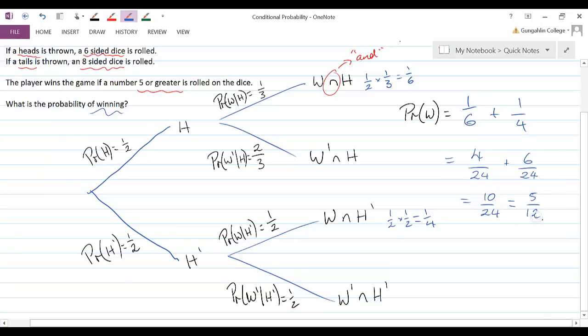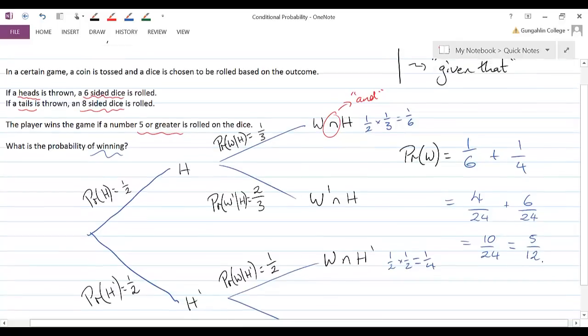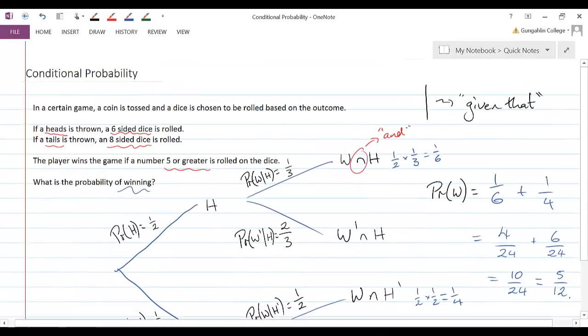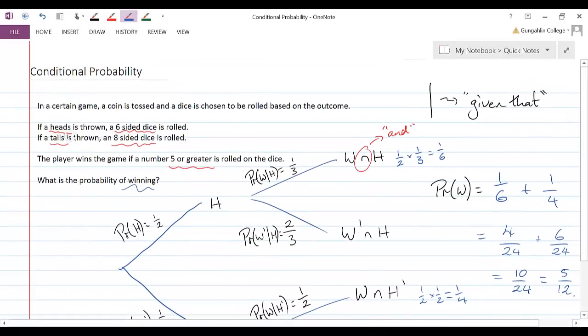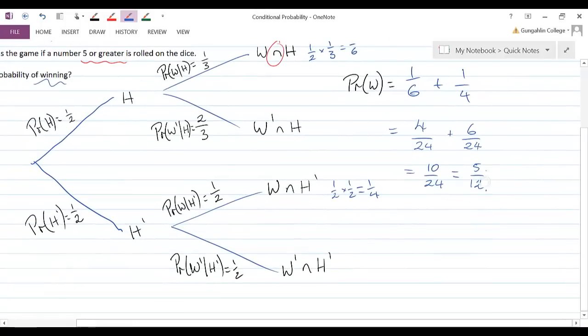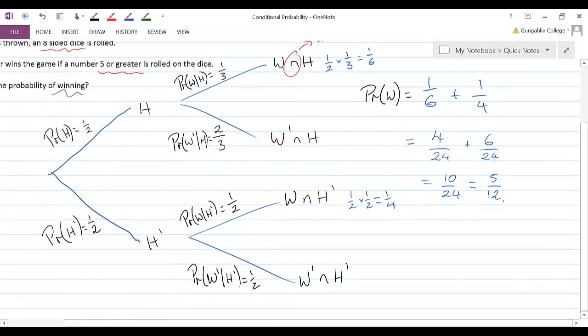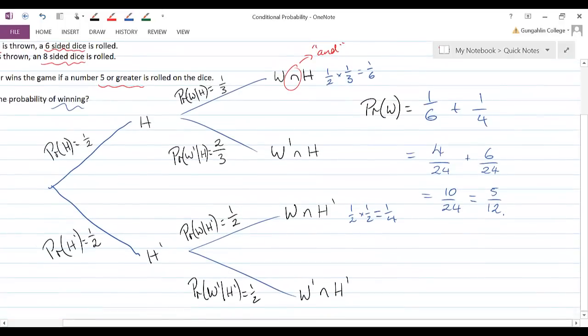And that sounds about right, slightly less than 50%, and that makes sense because I've got a 50-50 chance of getting either option. If I get a tails, I have a 50% chance of winning. If I get a heads, I've got a slightly less than 50% chance. So it makes sense that overall, I'm going to lose more games than I'm going to win, and just by a bit. So that seems like the right answer.